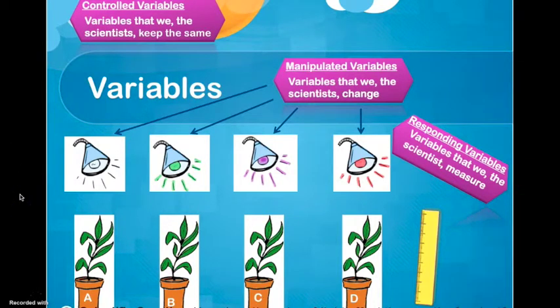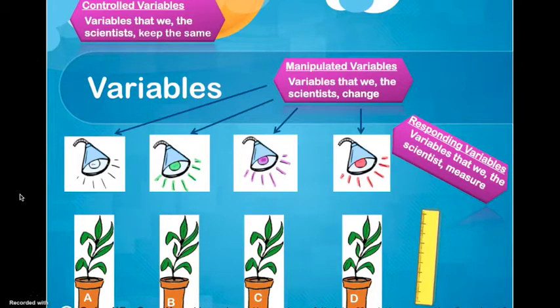Now, what about controlled variables? Controlled variables are variables that we, the scientists, keep the same. And controlled variables are really important because they ensure that the data that we get is telling us the truth. Controlled variables are everything that we keep the same, and the reason we keep them the same is we don't want something else to influence the results except for the manipulated variable.